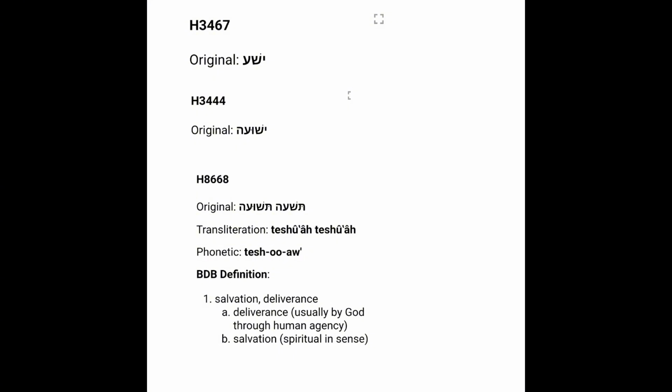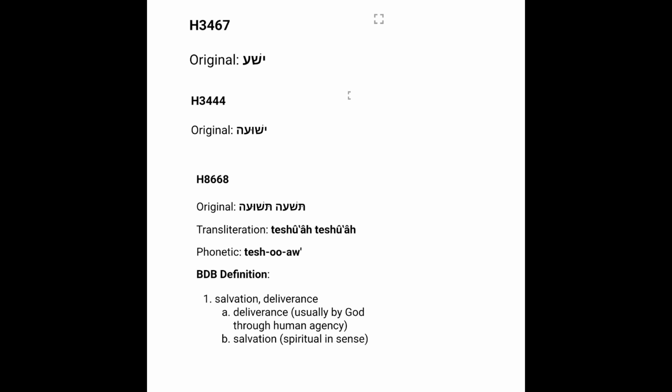The word salvation occurs in the Old Testament 118 times by my count: 56 times as the word that we're looking at, 3444, 35 times as 3468, which of course is a related cognate of 3444, and then it occurs 17 times as 8668.